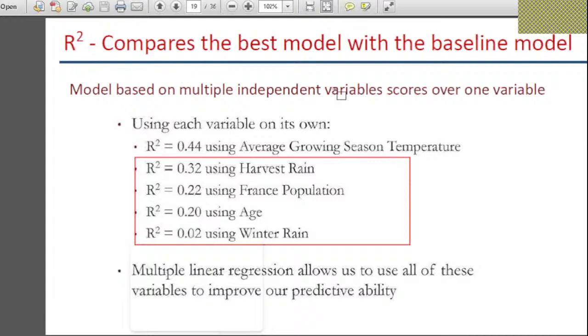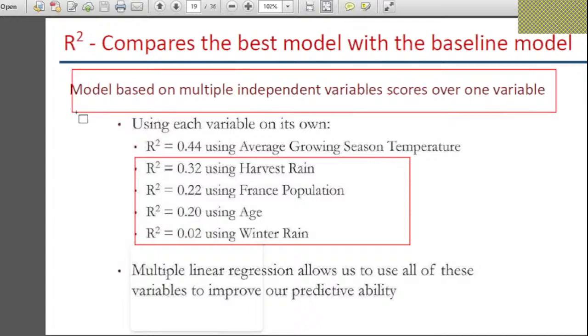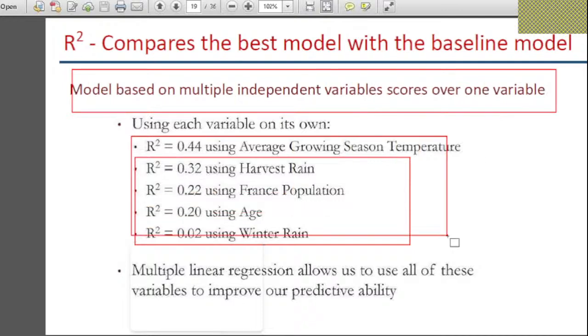So a model based on multiple independent variables scores over a single variable. This is how my R square is if I am trying to predict the value of price using only one variable.